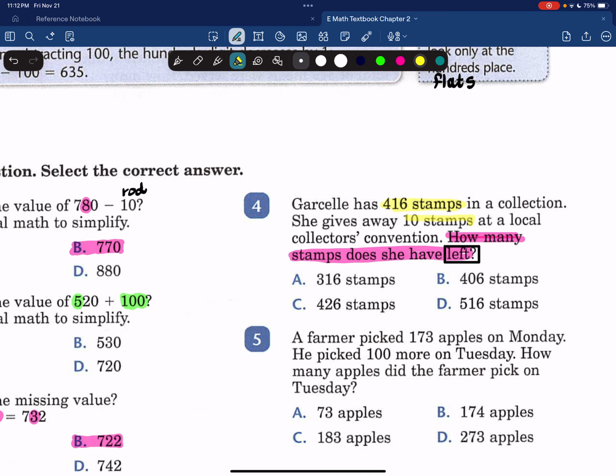So 416 minus 10. So that's 416 minus a rod. The rod is in this place. Right there's the rod. If you take that rod away, you're left with no rods, or 406 stamps. And that's answer B as in boy.